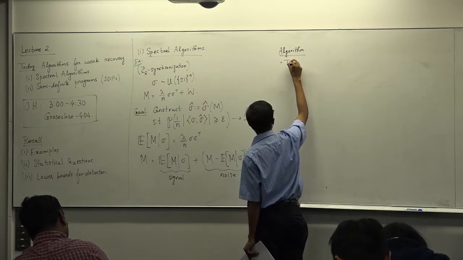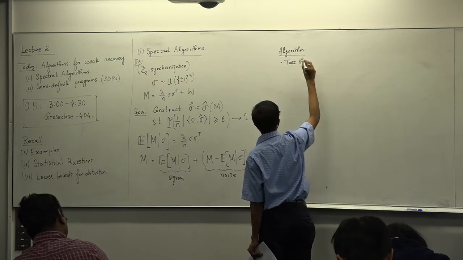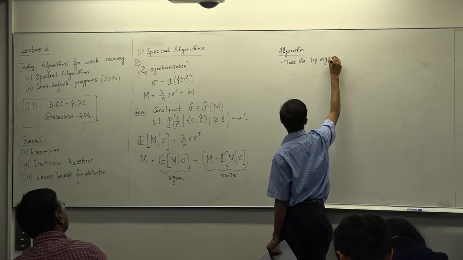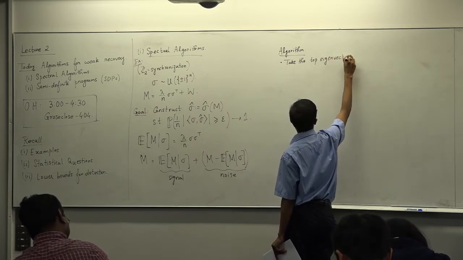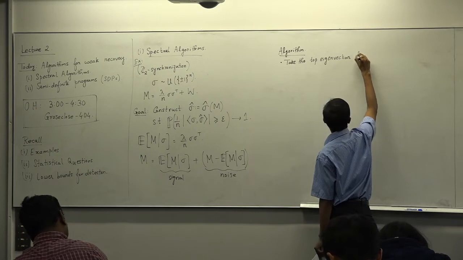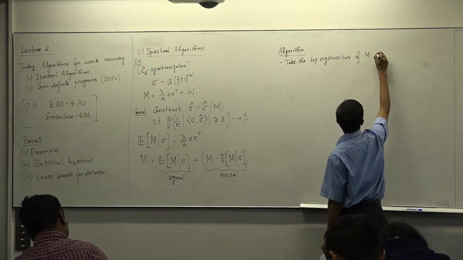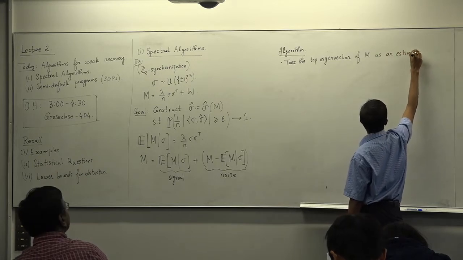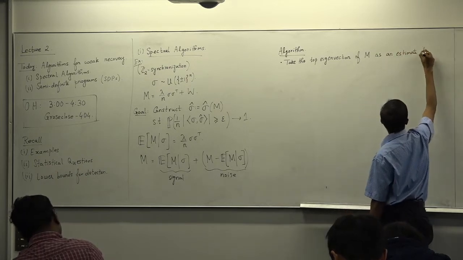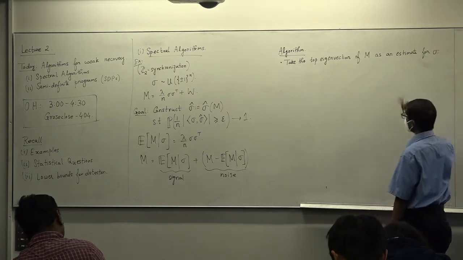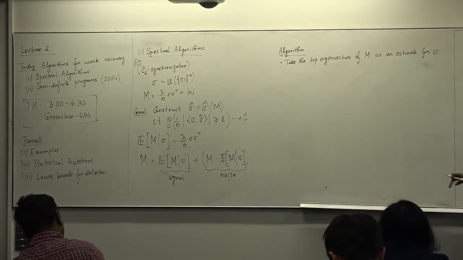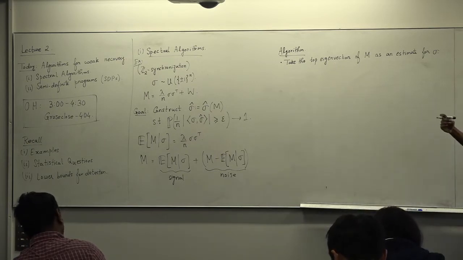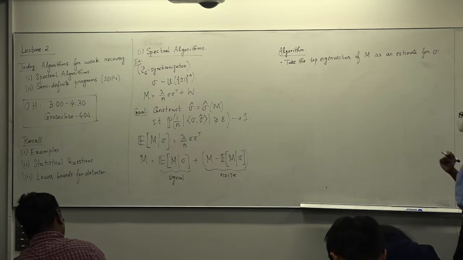Take the top eigenvector of M as an estimate for sigma. And of course, you scale this appropriately. When I talk about the top eigenvector, what I am referring to is the eigenvector that has been scaled to have norm root n.